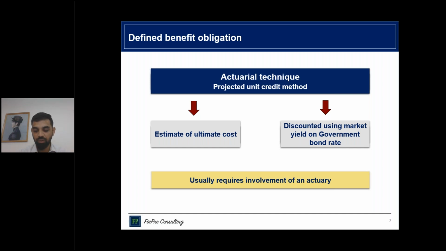And because of the increase in the liability, there was an additional expenditure that hit my consolidated profit and loss. It was around 35 to 40 crores of additional expenditure, because the German company was material. So just because of changing the rate from the corporate bond rate to the government bond rate, there was an additional hit on the P&L in the consolidated financial statements of this Indian parent entity.